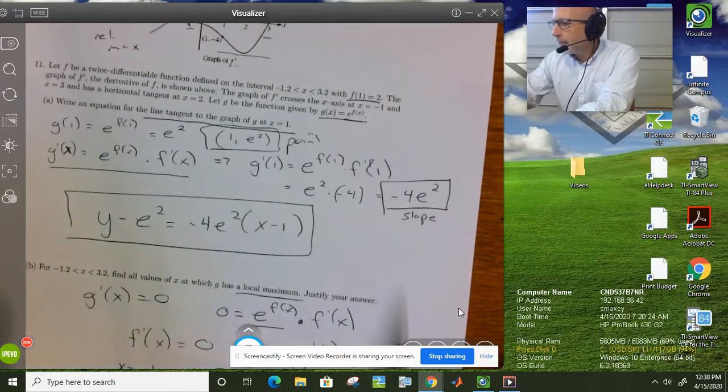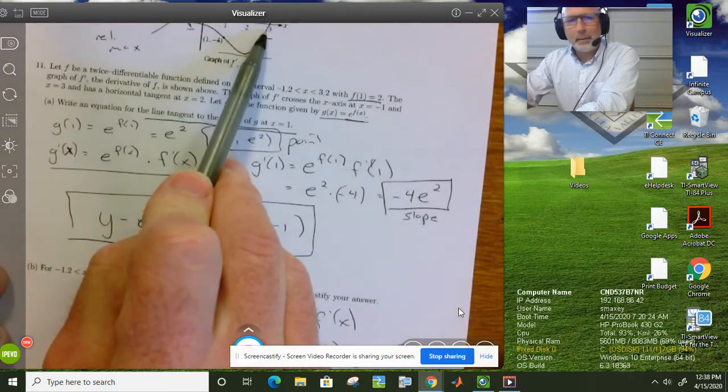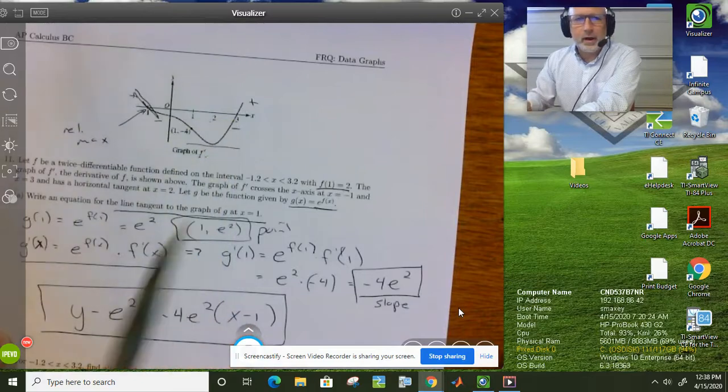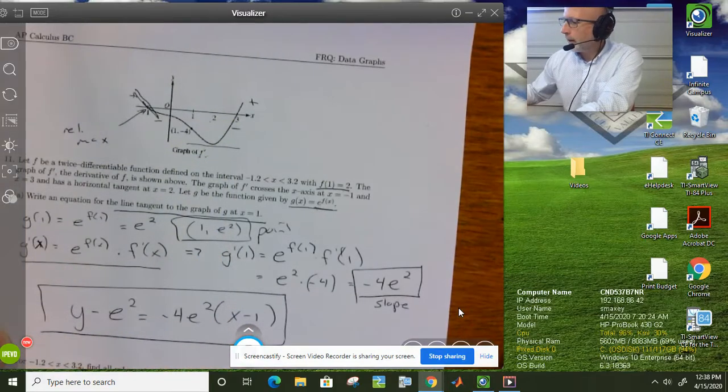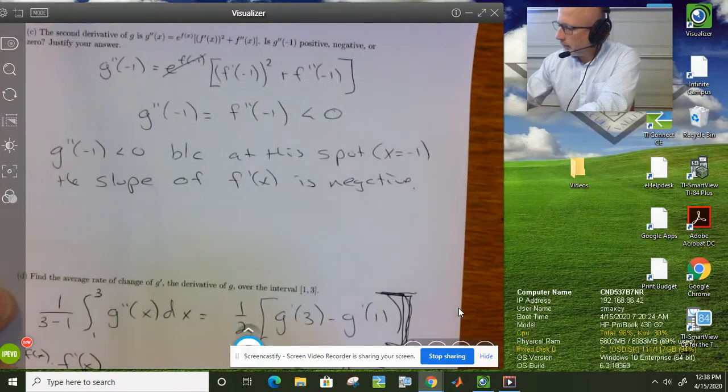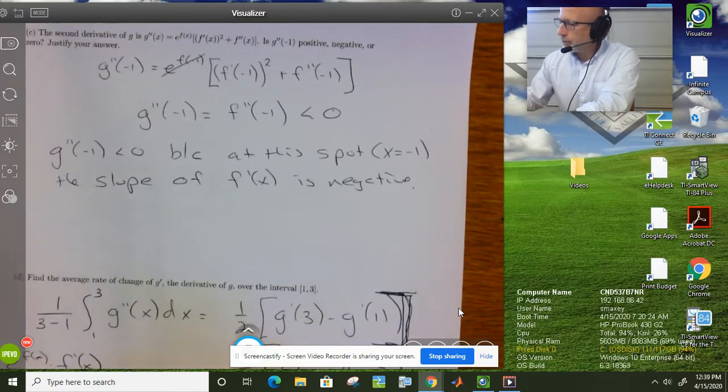Oh, duh. f prime of 3. F prime of 3 is 0, right? It's right on the graph. Sorry, I was looking for it in all my notes here. Okay, so that's just 0. So I have 0, and then 1/2 of this. So this gives you negative 2e squared, and that is the average rate of change.